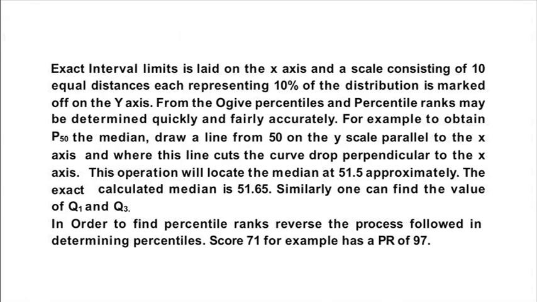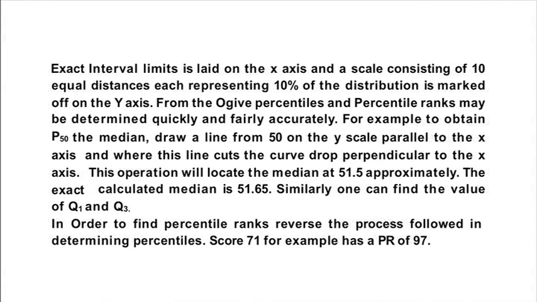Now, you see, each interval limit is laid on the x-axis, and a scale consisting of 10 equal distances, each representing 10% of the distribution, is marked on the y-axis, that is OY and OX. From the ogive, what is the use? From the ogive, percentiles and percentile ranks may be determined quickly and fairly.